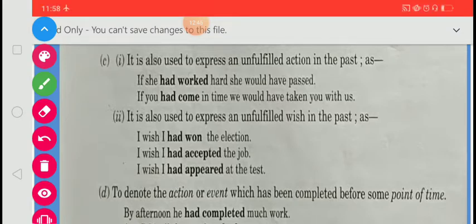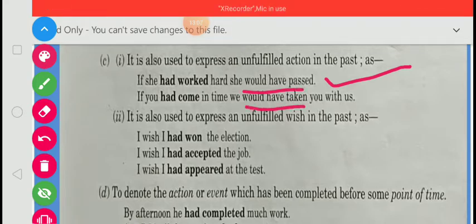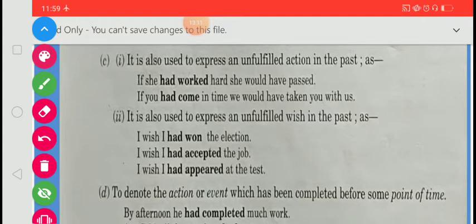The action which could not be fulfilled in the past, to express such actions we use past perfect tense. Now look at the examples to understand it better. If she had worked hard, she would have passed. In such sentences we use would have. Keep it in mind.